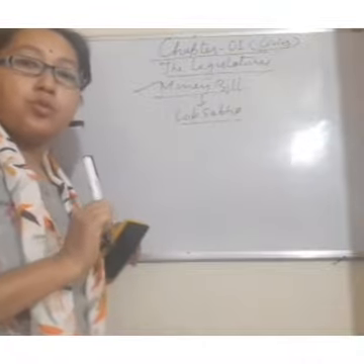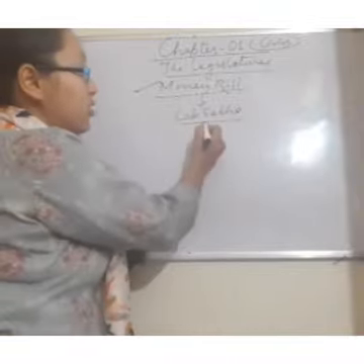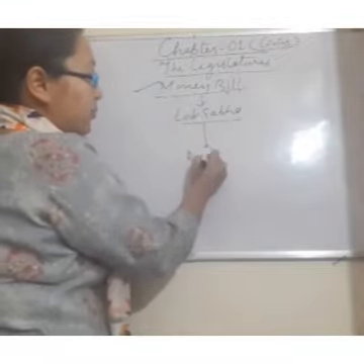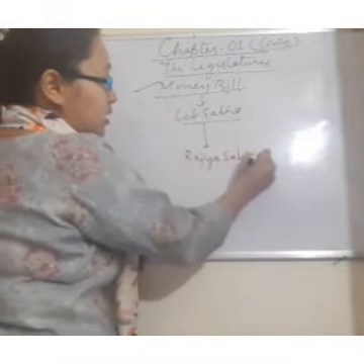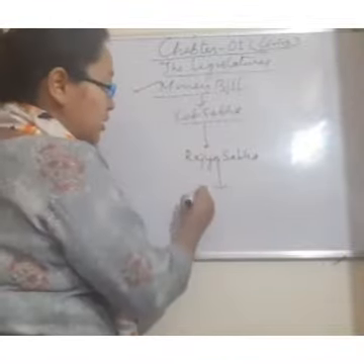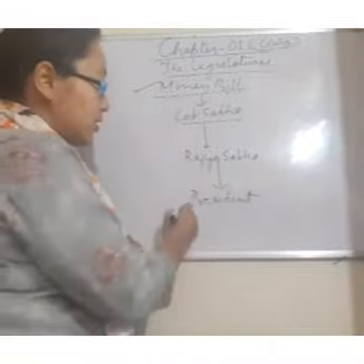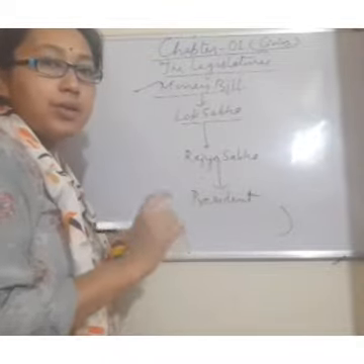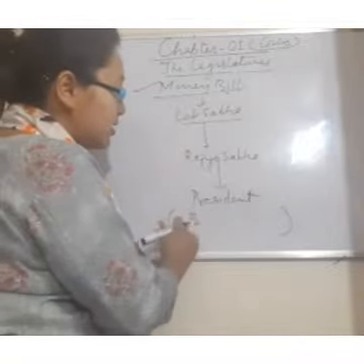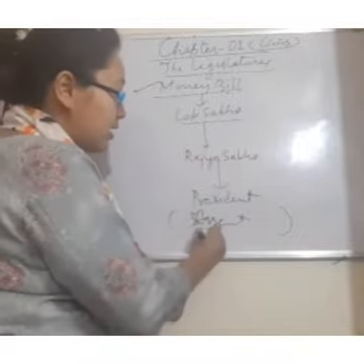Money bill can originate only in Lok Sabha, and after the approval of Lok Sabha members, the bill is sent to Rajya Sabha. After the approval of Rajya Sabha members, it is sent to the president. The president needs to assent the bill. Assent means signature.